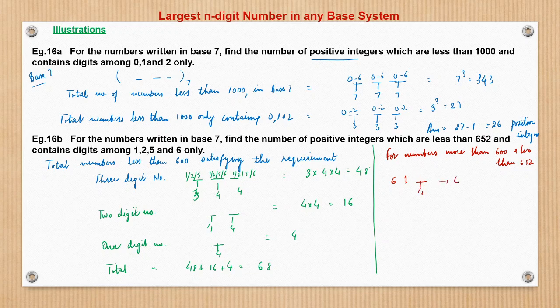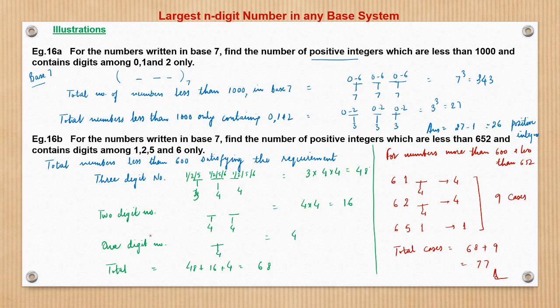Next, if the digit is 2, here also 4 cases. Now assume it is 5, so 6 5, one case will be 651 and the other would be 652, which we need not take. So here it is one case, and we get 9 cases from here. So the total is 68 plus 9, which is 77.